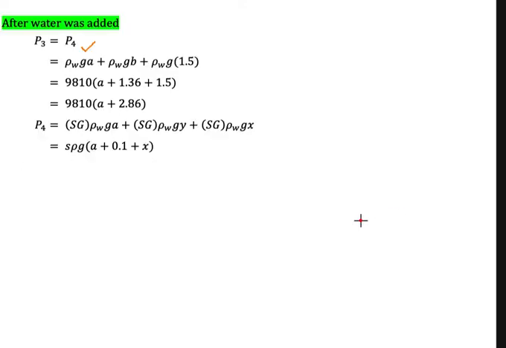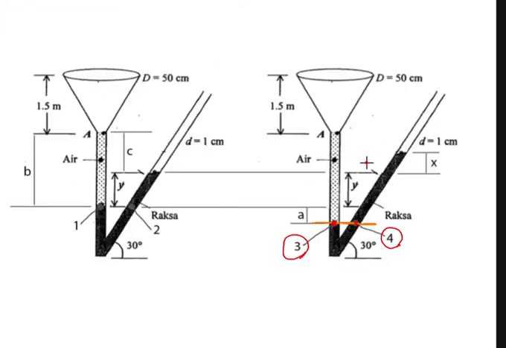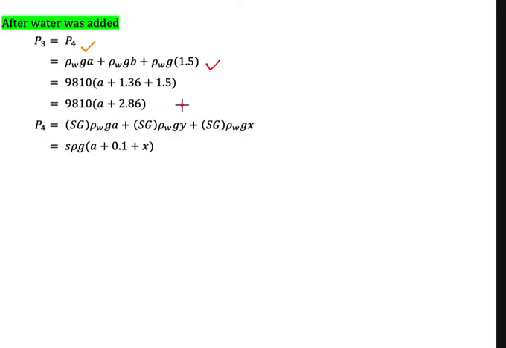We calculate the pressure at point 3 as rho g h from here with A and the value of B, and then the height of this funnel, which is 1.5 meter. We have an unknown distance, A, so we leave it as an unknown parameter there.